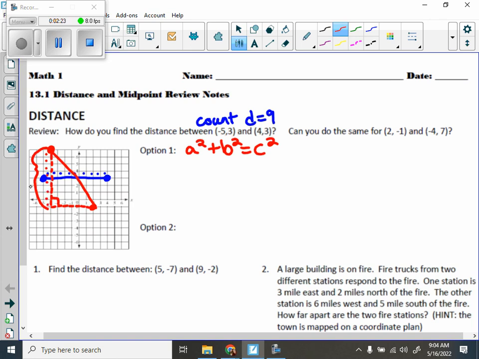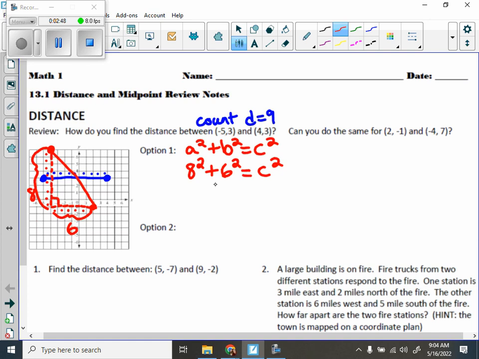I got 8. All right, so that side's 8. What about this bottom side right here? 6? Okay. So those two numbers, 8 and 6, they go in for your A and your B. So you got 8 squared plus 6 squared equals C squared.